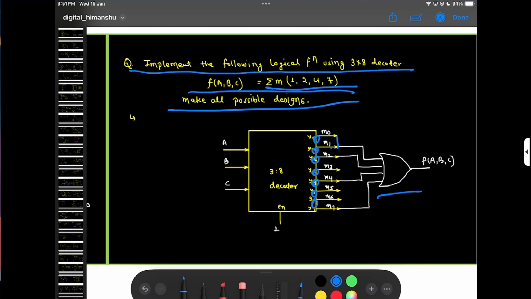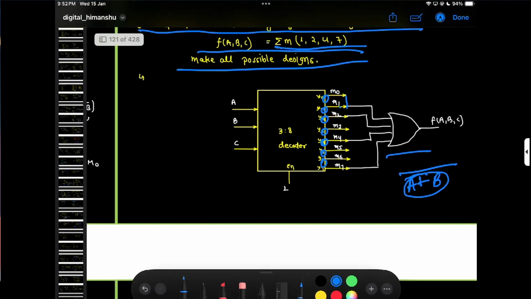If we take a bubbled AND, or you can say a NOR, so if suppose my output is (a plus b) whole bar, this is my NOR.